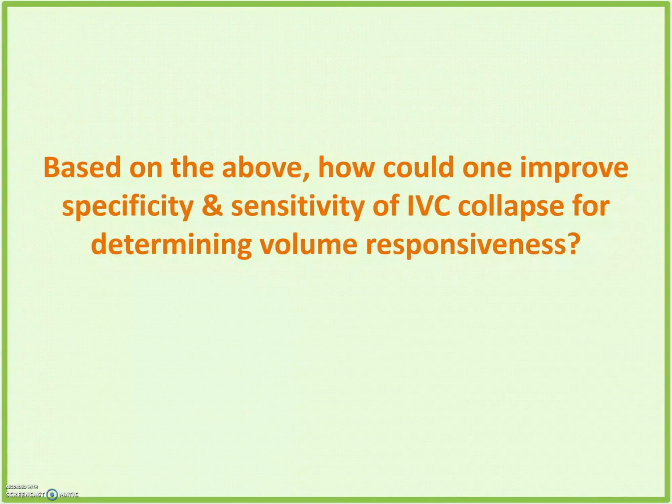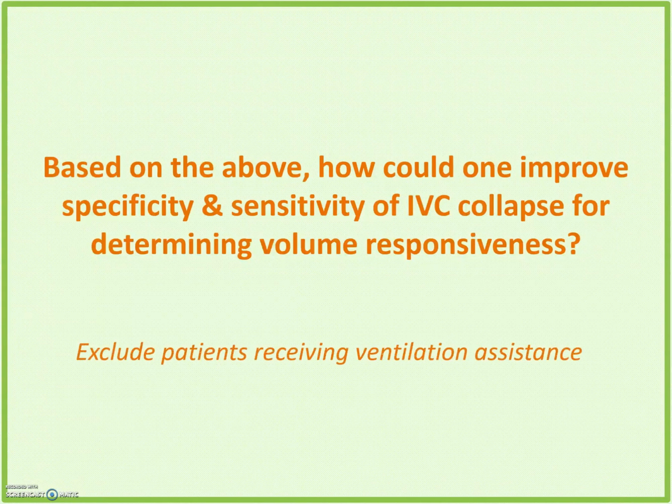So based on the above, how could you improve the specificity and sensitivity of IVC collapse for determining volume responsiveness is a key question. So first, to improve specificity, exclude patients receiving ventilation assistance. That would lower the risk of upper abdominal pressurization, lower the risk of that false positive collapse. And all of those studies did.